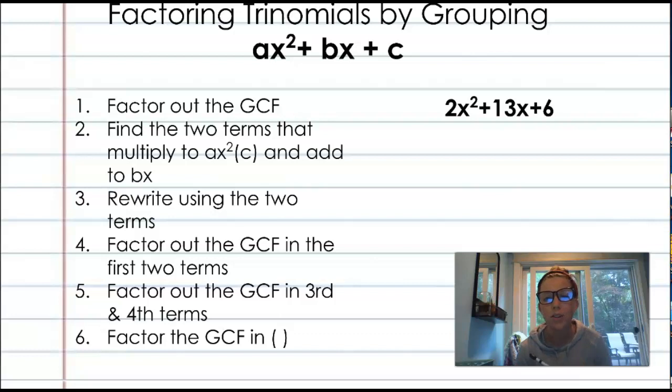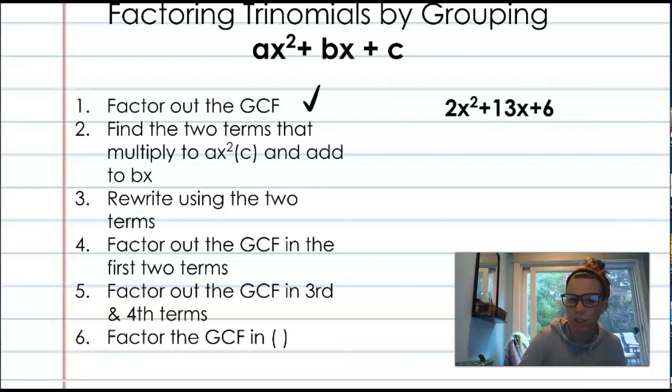So for this trinomial, 2x squared plus 13x plus 6, there's no GCF, so we don't need to do that. That part's done. We're still going to be looking, we're just not going to create the area model. This is more algebraic and uses less pictorial help.